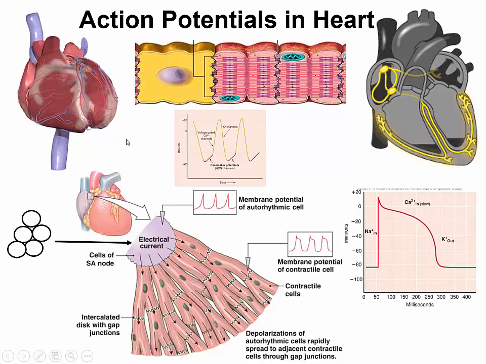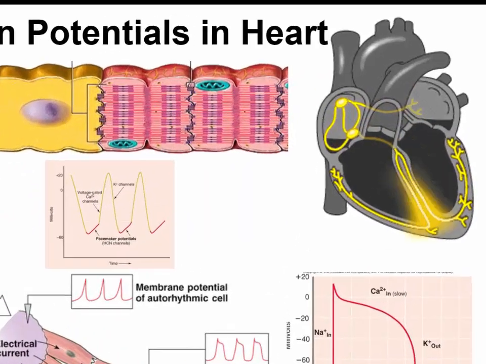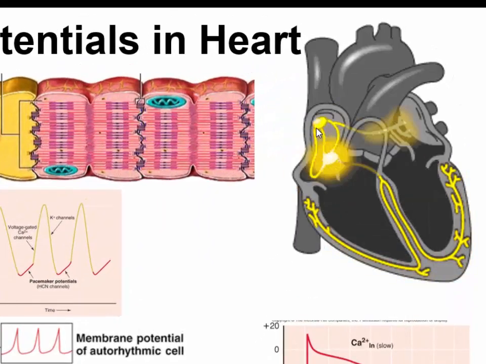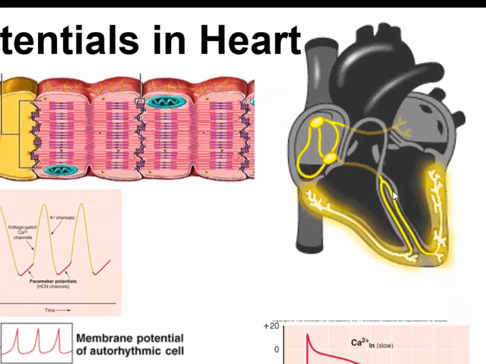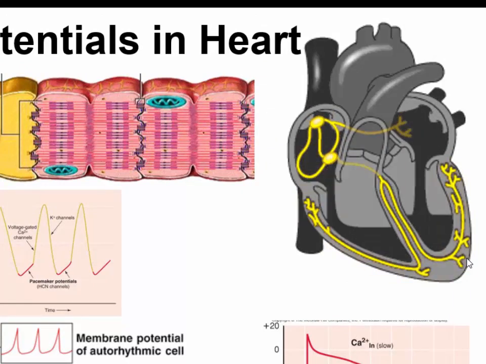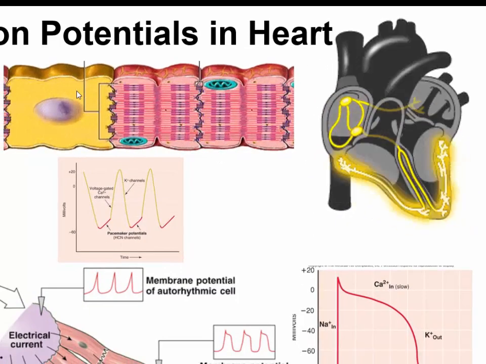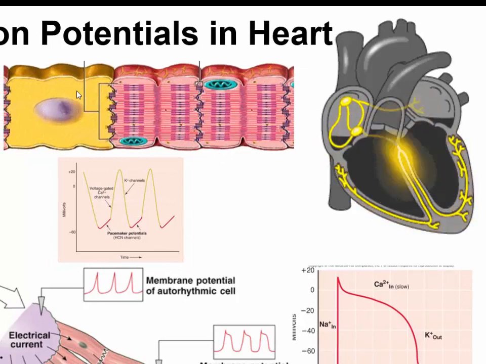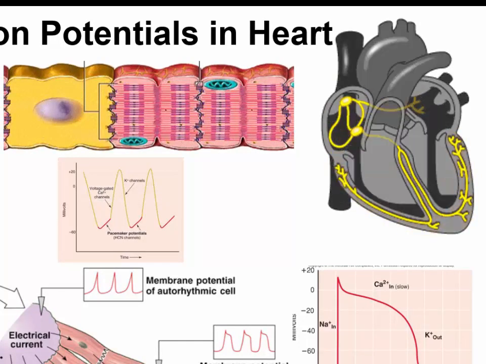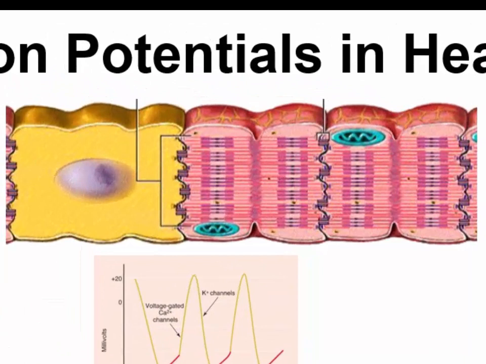So what's telling these myocardial cells that are found in the ventricles, that are found in the atria, to contract? It's these autorhythmic cells. And they're sending impulses down through those autorhythmic pathways in order to tell the contractile cells when to contract. Remember, autorhythmic cells do not have thick and thin myofilaments. They're not a nerve. They're specialized myocardial cells for conducting action potentials.